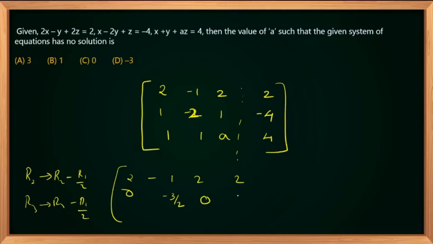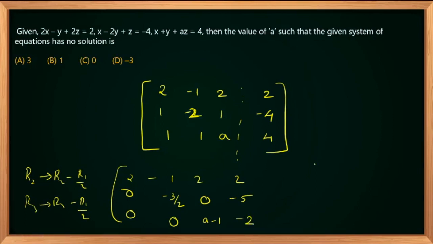This is minus 5. 0. This is 3 by 2. This is a minus 1. This is 3. Now R3 changes to R3 plus R2. So this will be 0. This will be minus 2.